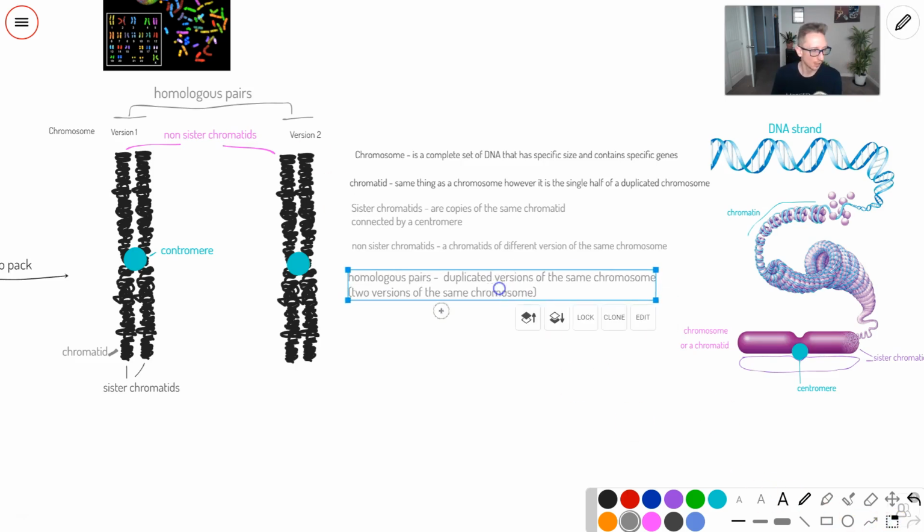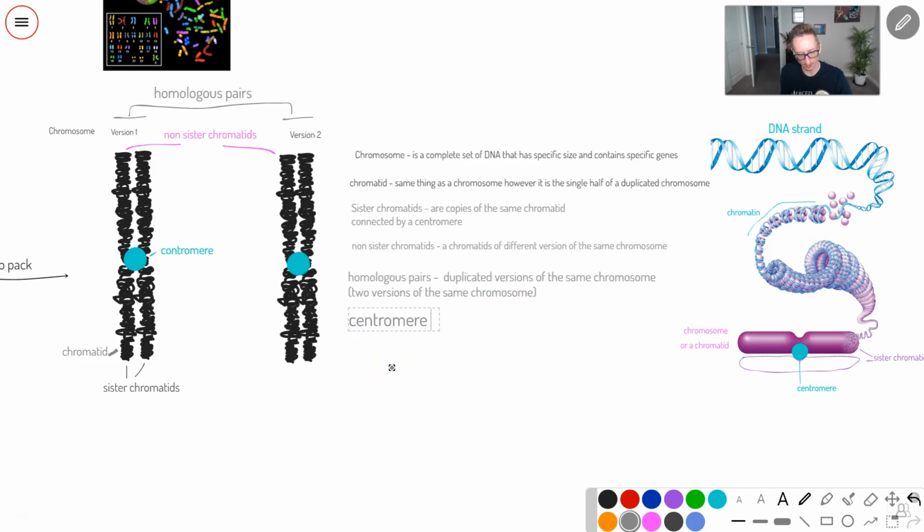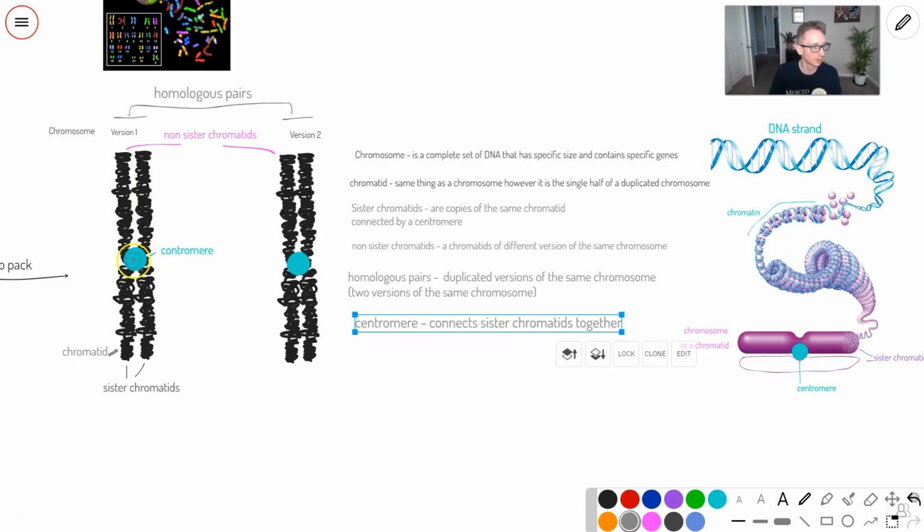Okay. Centromere. A centromere connects sister chromatids together. That is, this thing connects these sister chromatids together. We have not talked about this, but a centrosome organizes the microtubules to form the spindle.